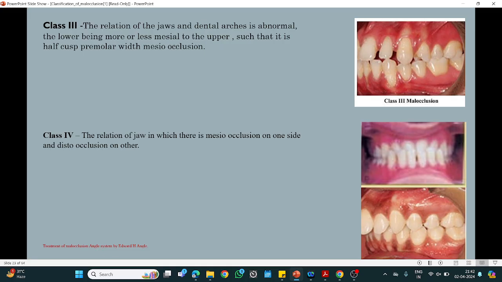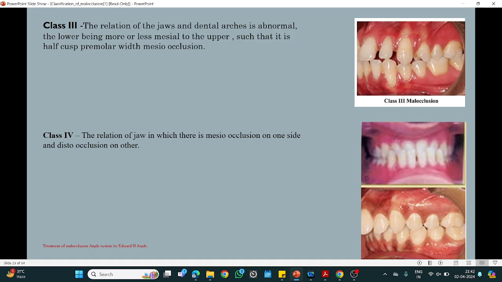He defined it as an abnormal relationship of jaw and dental arches, the lower being more or less mesial to the upper, such that there is half cusp premolar width mesio-occlusion. This is important as he has defined it according to the width of the cusp.